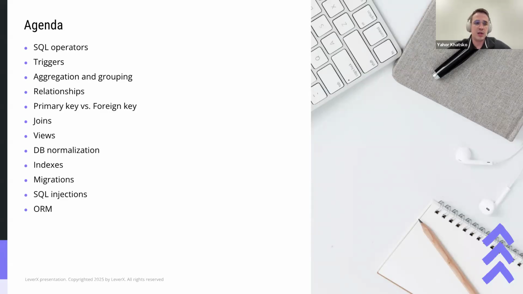We will touch base on the triggers, aggregation and grouping in the queries, and the relations that you can establish within the tables in SQL databases, using the primary keys and foreign keys. We will also take a look at the joins, how you can combine two tables in a single query.